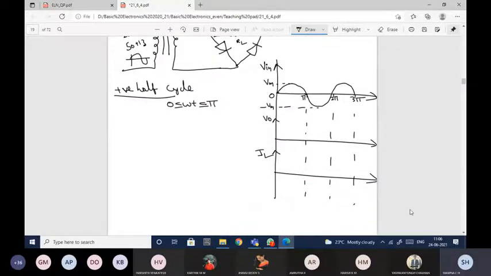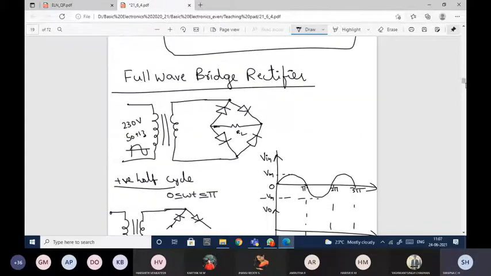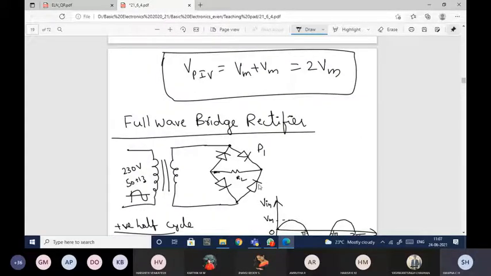Let us redraw the circuit for this. I'll exactly show you what happens to the diodes. Let me name the diodes: this is my D1, D2, D3, D4.